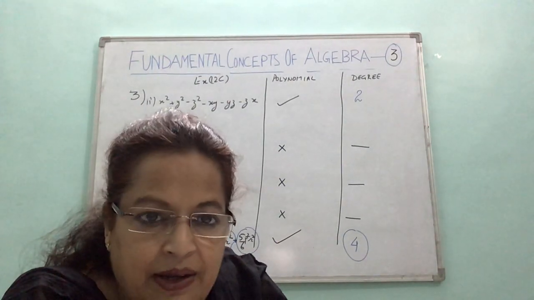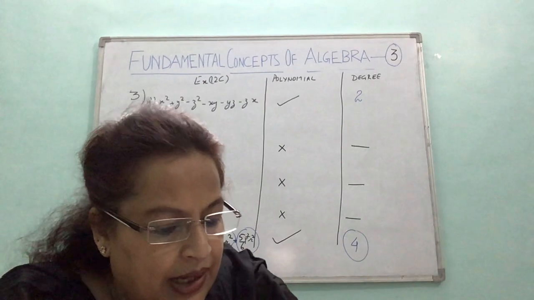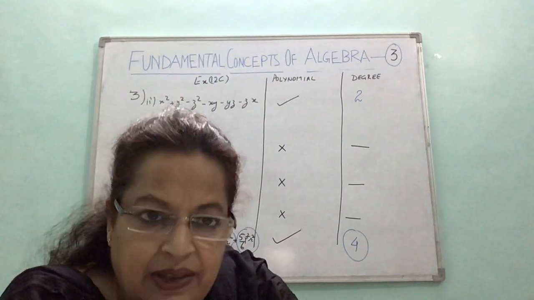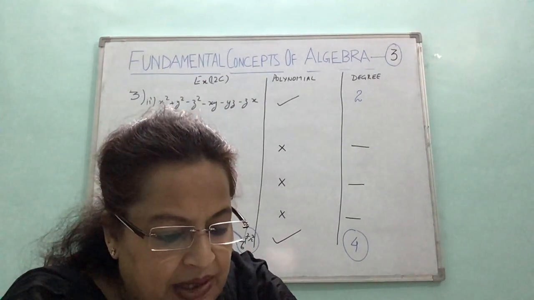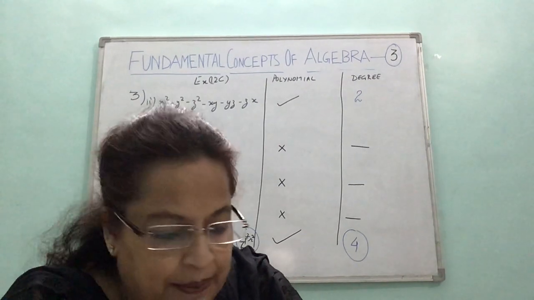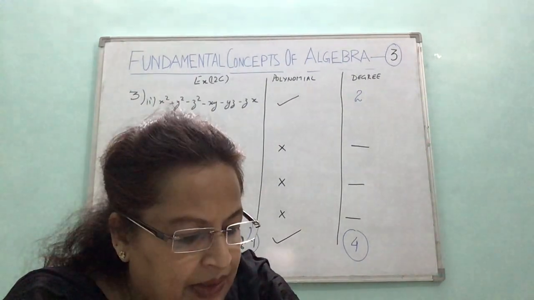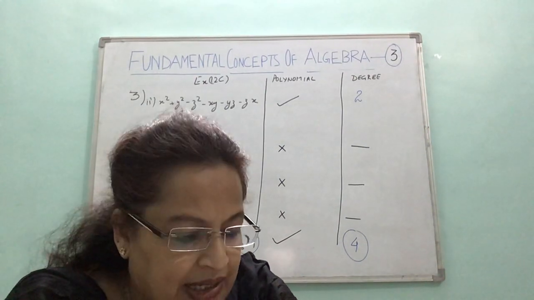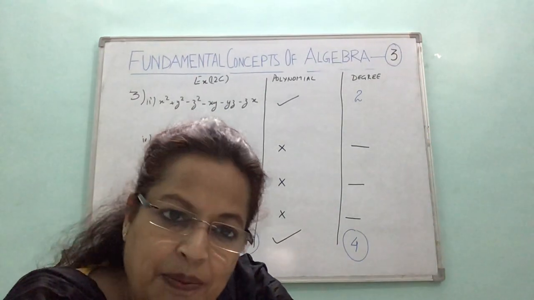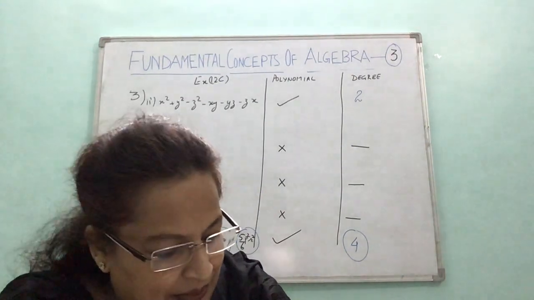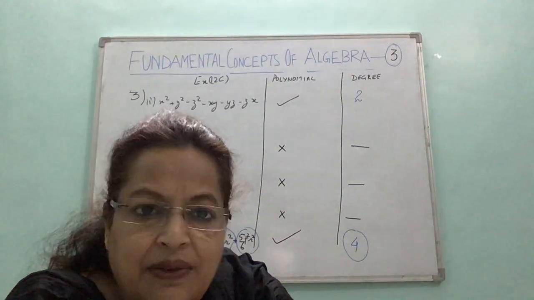Polynomials in one variable: an algebraic expression of the form where a, b, c, d, etc. are constants, that means numbers, and x is a variable, is called a polynomial in x. The highest power of x is called the degree of the polynomial, right children? Then next, just write one example.